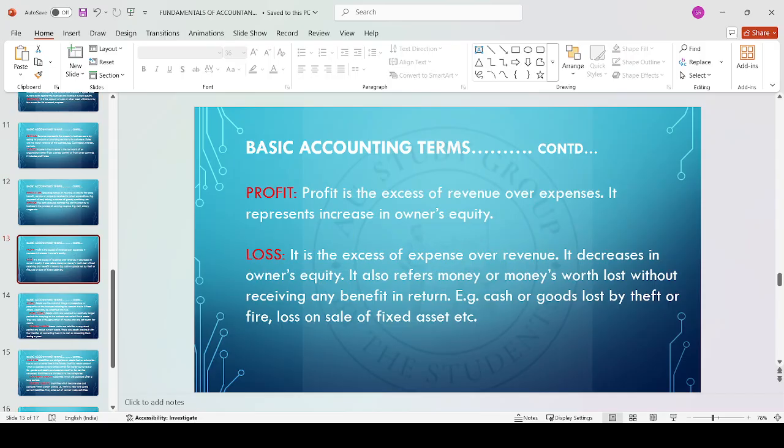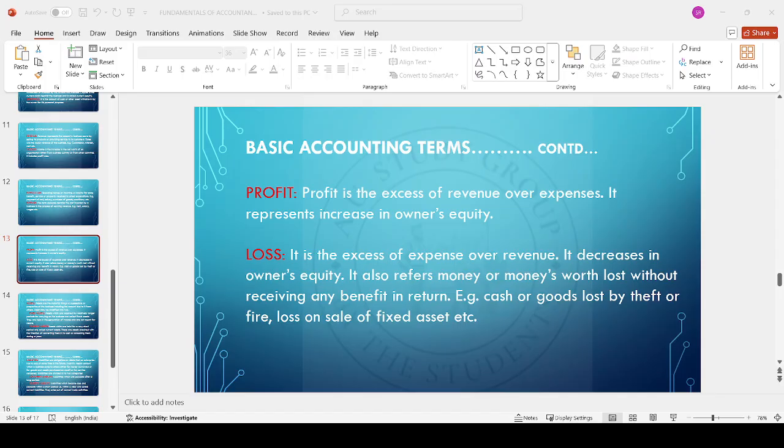Now these are important: profit and loss. Profit is basically what is left over when a business's total revenue, not income, exceeds its total expenses. It represents an increase in owner's equity.